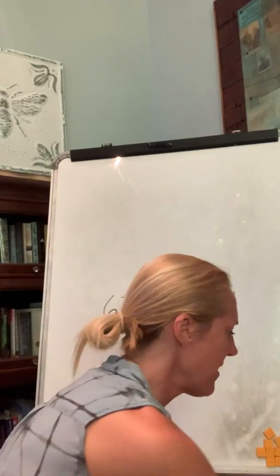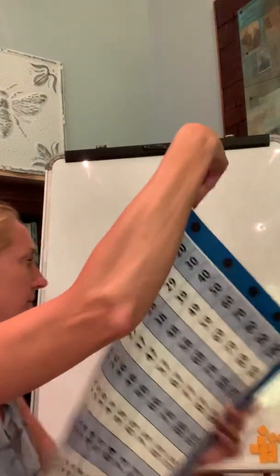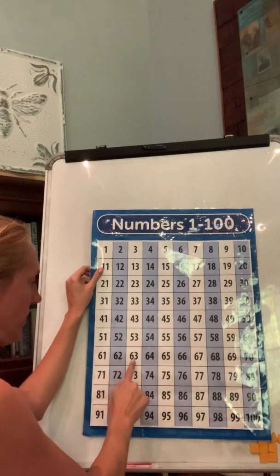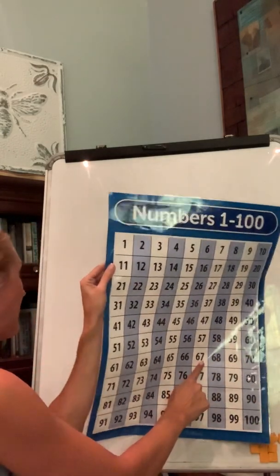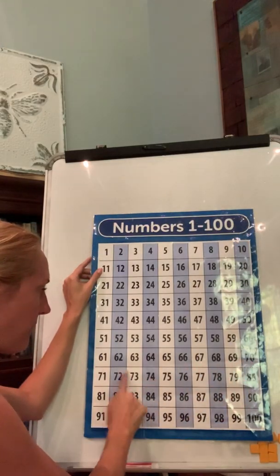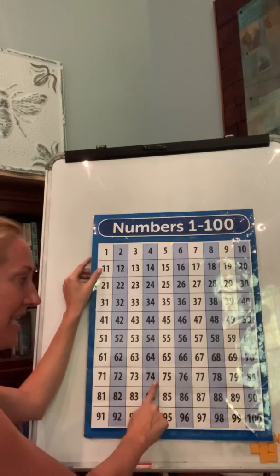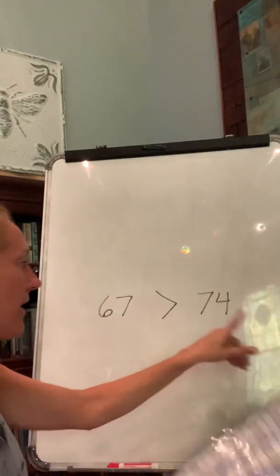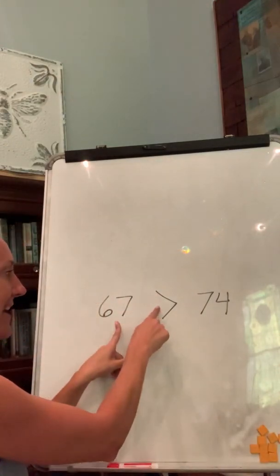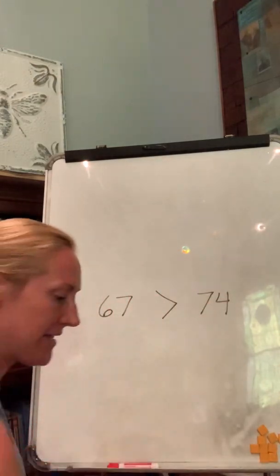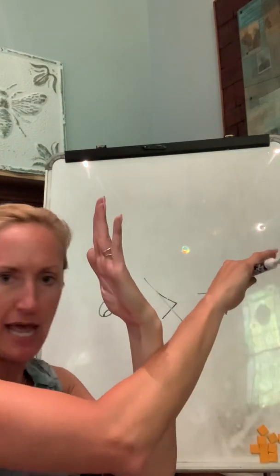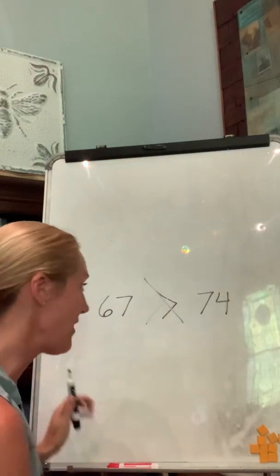Well, let's think about our numbers and our number chart. Where is 67? 60. 1, 2, 3. 67. And then the other number is 74. Well, 74, you have to go even farther. It's bigger. You have to keep counting. So 74 is bigger or greater than 67. So our alligator should be eating 74. So this one is not correct. Nope. Okay, just like Aiden always does. X. All right, that's not it. So that one's not true.